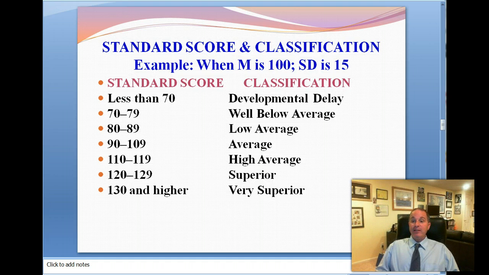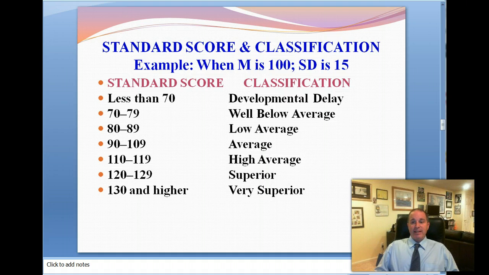So again, for a particular test, in our example, the Wechsler scales, anything less than 70 is considered a developmental delay, and you can look through the chart that you see on your PowerPoints as to where you fall. So when you read a report, it will often say something like this. On the Wechsler scales of intelligence, Billy received an overall full-scale IQ of 105.